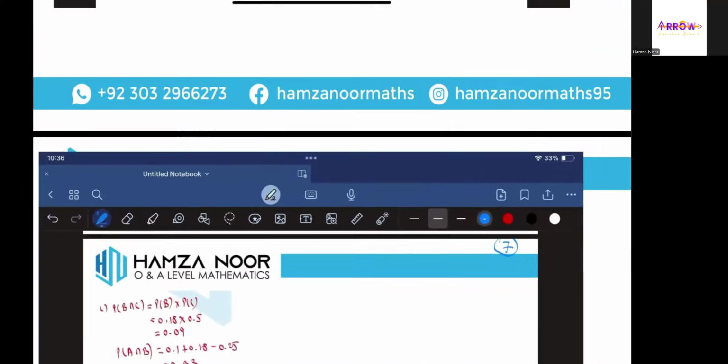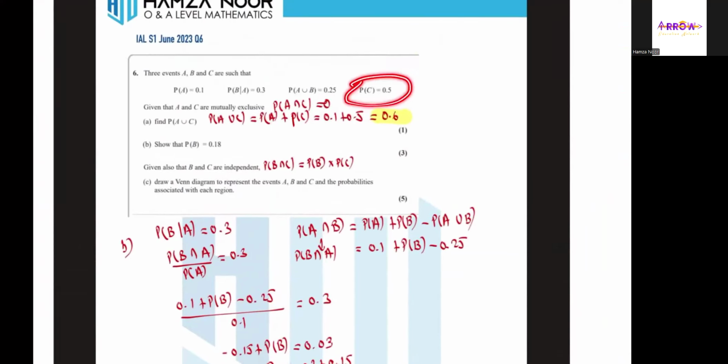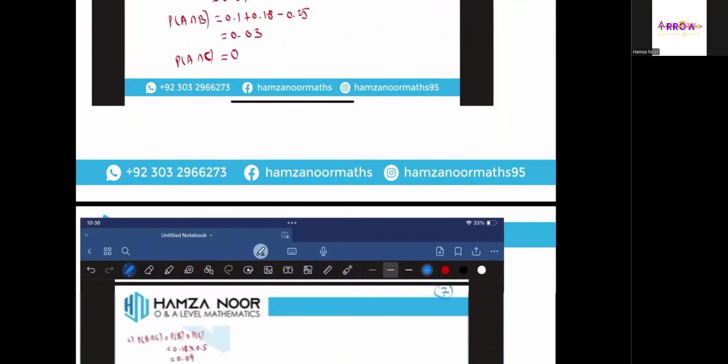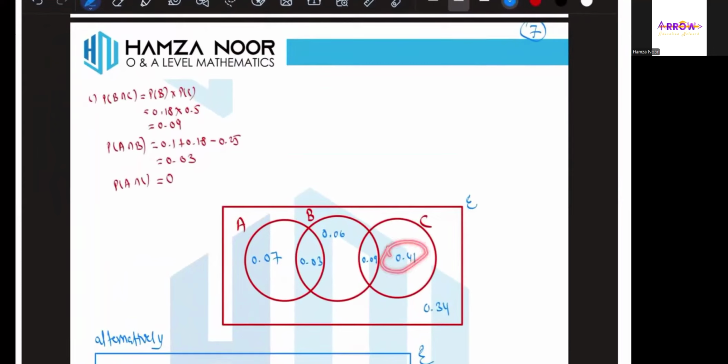And as far as event C is concerned, the probability was given to us in the question, 0.5. If you want to find only C where there is no overlap with B, from 0.5 you need to subtract the overlap between B and C. So here you get the value 0.41.